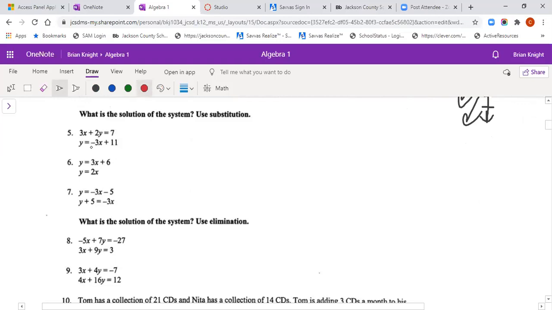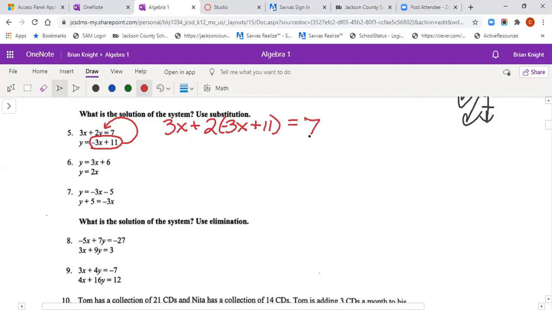So I'm going to substitute negative 3x plus 11, because remember, you don't use substitution when you know y equals or x equals something, right? So I'm going to substitute that in for y in the other equation and write it out. So we'll have 3x plus 2 times negative 3x plus 11 equals 7.